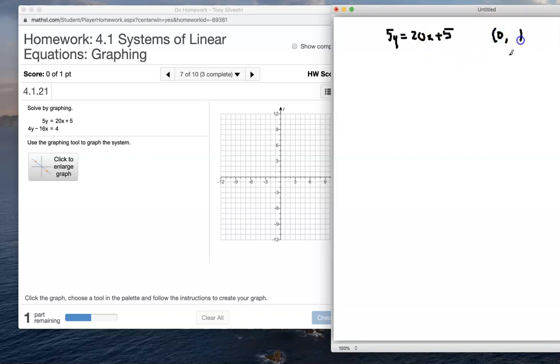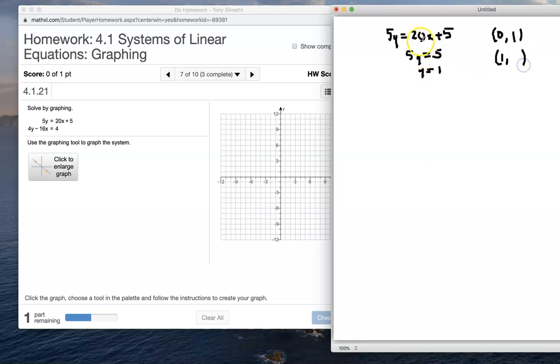What does y have to be? If x is 0, 20 times 0 is 0. You're left with 5y equals 5, right? And if I divide by 5, y must be equal to 1. So that's 1 point right there. Now, what do we pick for the next point? Well, I don't see any problem with picking x as 1 and seeing what happens.